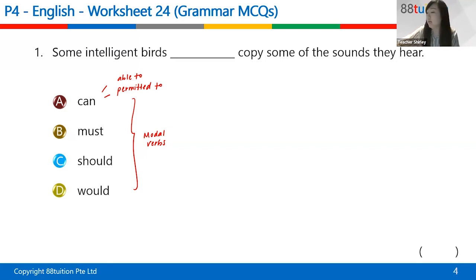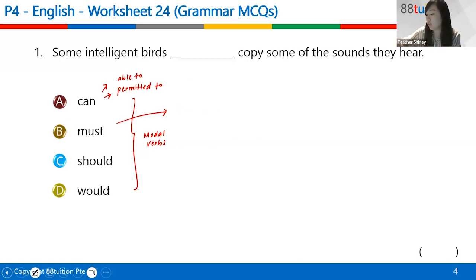Then the next one, must. When it is must, it means it's something that is imperative. It's not like can, because can means you have a choice, or you are able to do something, you have the ability to do something. But when I say you must do something, basically I'm saying that it must not be overlooked. You are obliged to.